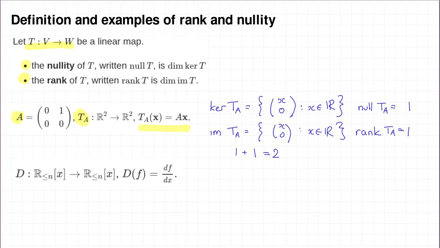So let's return to the second example. We have D, which was a linear map from the space of all polynomials of degree at most n in the variable x over the real numbers, to the same vector space, defined by D of f is the derivative df by dx, and in that case the kernel of D was the set of all constant polynomials.